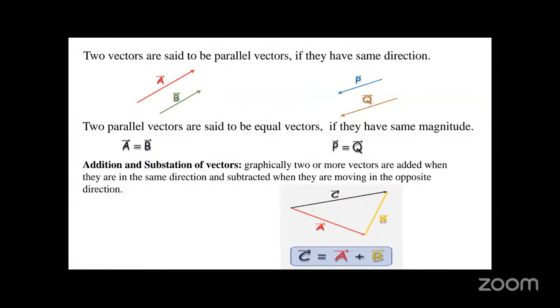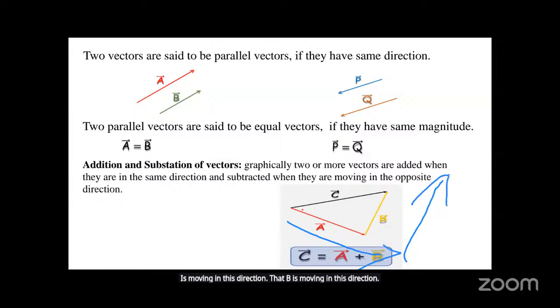So look at this diagram here. For instance, vector A is moving in this direction. Vector B is moving in this direction.